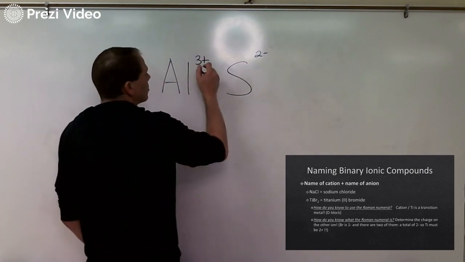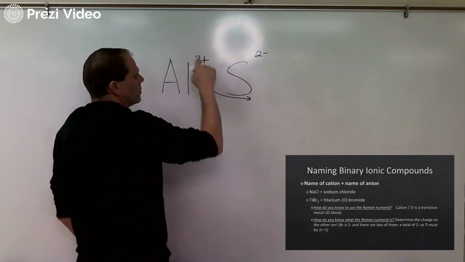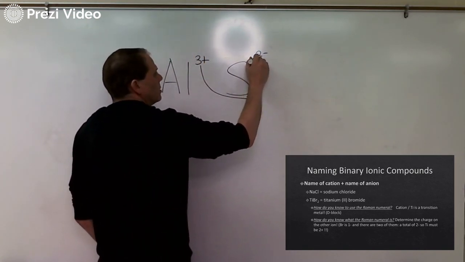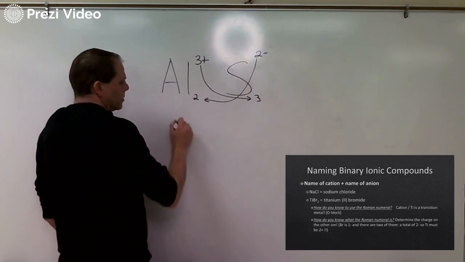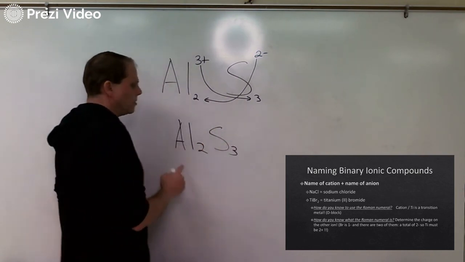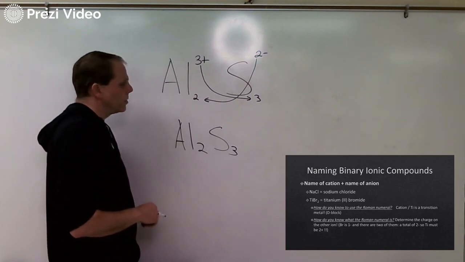So now let's use this crisscross method, and we say, okay, well, the charge of aluminum comes down and becomes a subscript for sulfur. And the charge of sulfur comes down and becomes a subscript for aluminum. And so now our final ionic compound is going to have that structure, Al2S3.